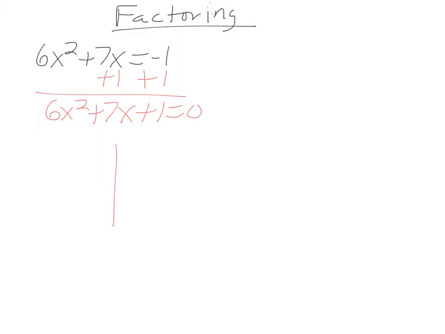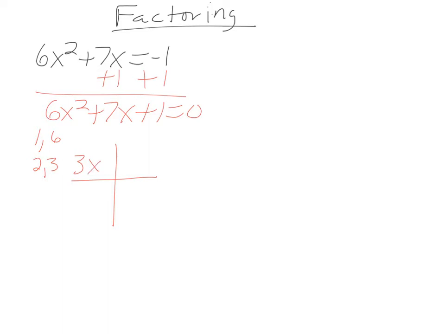So now I'm going to make my box here. On the left-hand side, we want the factors of 6. The factors of 6 are 1 and 6, 2 and 3. You just try whatever pair you can. Usually it's the ones closest together, like 3 and 2, so I'm going to try those first.